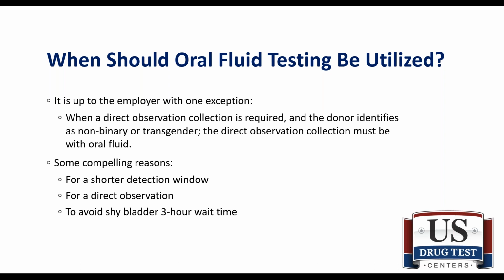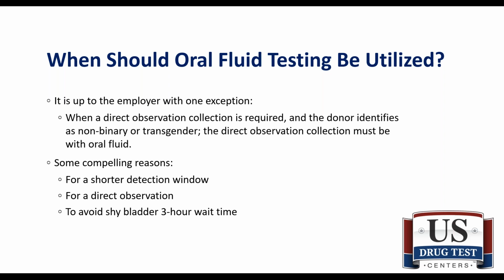With a urine collection, someone may have difficulty providing a sufficient amount of urine, 45 milliliters as a minimum. Today, or prior to when we start doing oral fluid drug testing, they go into what we call a shy bladder process, where they're given some water, they can relax, and they can try again.